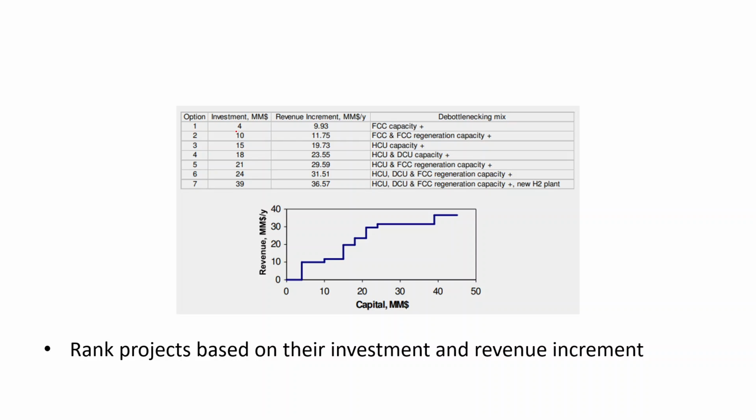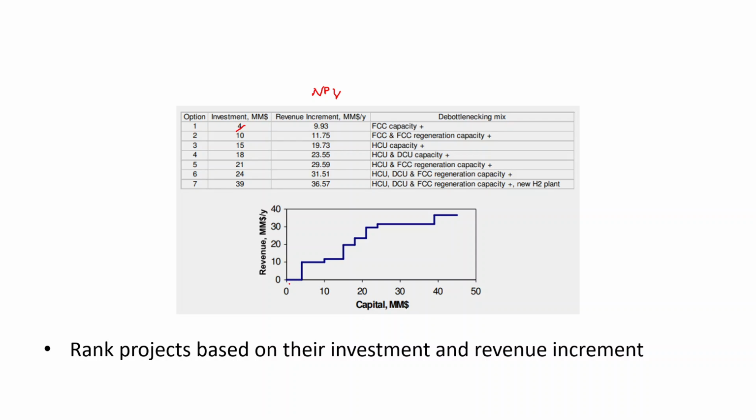So the first option is in the $4 million, and the last option is 39 million dollars, and then this is the revenue. This revenue could also be the NPV or whatnot. Sorry, this is the revenue increment, or you could also calculate the NPV, and then the investment. So this is revenue and capital, and this capital is the investment.